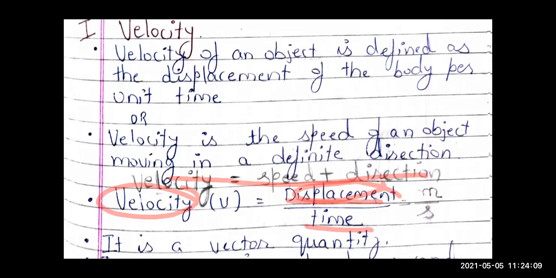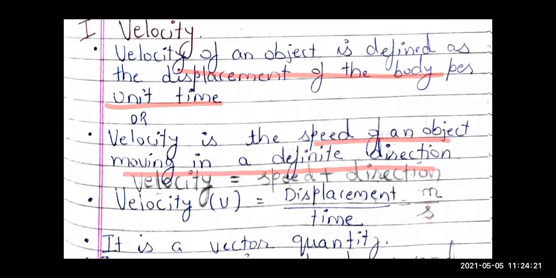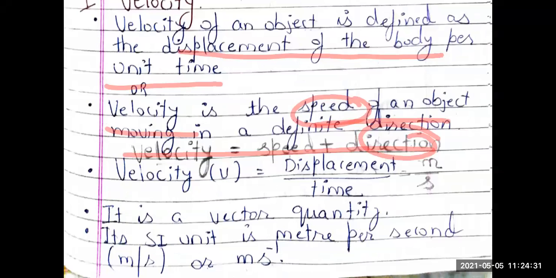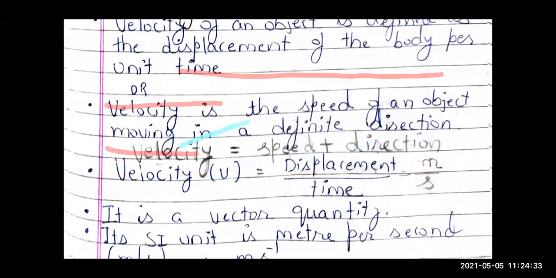So velocity can be defined as the displacement of a body per unit time, or it is the speed of a body moving in a particular direction. If we specify direction along with speed, it is velocity. So velocity is a vector quantity, right? Velocity requires direction for its description.